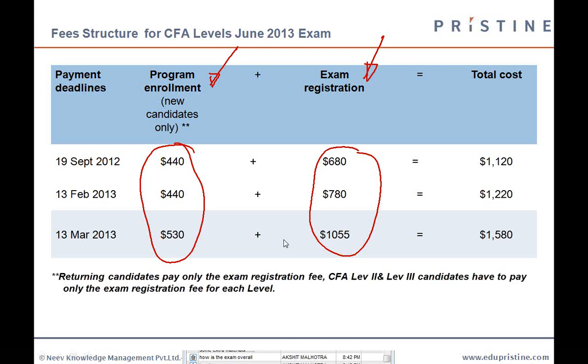Some of you have asked the reverse question: I come from an engineering background, I don't really know much about accounting, so would I do well in the exam? Yes, I think I've given you my own example.